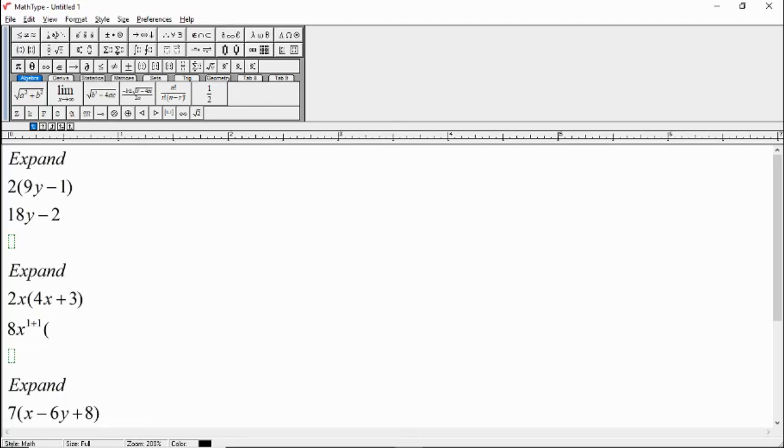And you'll see the end product of it, plus 6x. Now as you can see, 1 plus 1, what does that equal? So you'll get 8x to the power of 2, or in the same way of saying, 8x squared, plus 6x. And there's your answer.